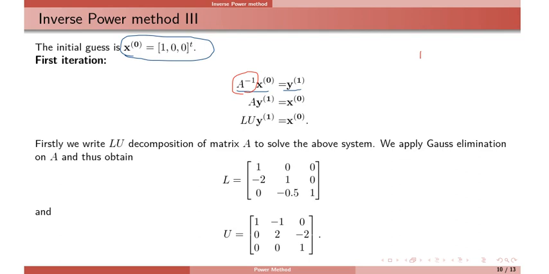But we have studied that to solve the system Ax equal to b, we can use a direct method, Gauss elimination or LU. So to avoid calculating the inverse of matrix A, as we usually do, we solve the system without calculating the inverse.